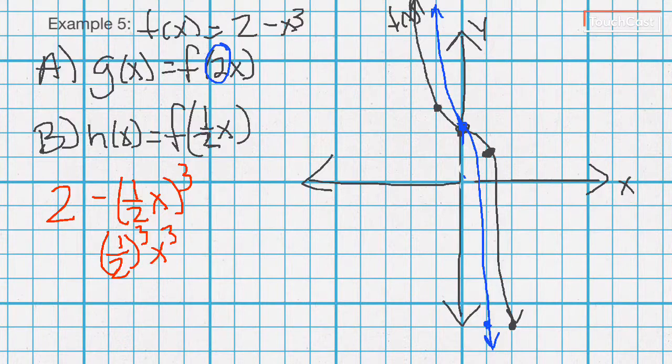But again, recall from your middle school math classes, 1/2 cubed is 1 cubed over 2 cubed. So our function's now turning into 2 minus 1/8 x cubed.